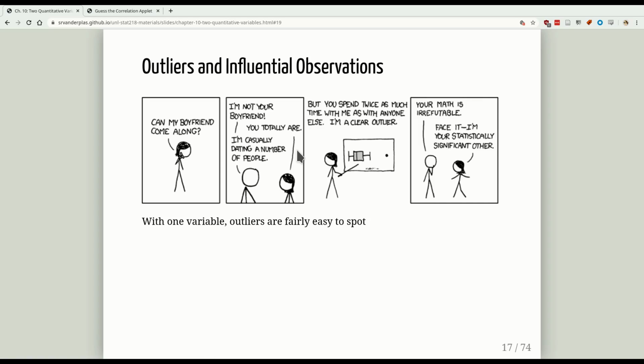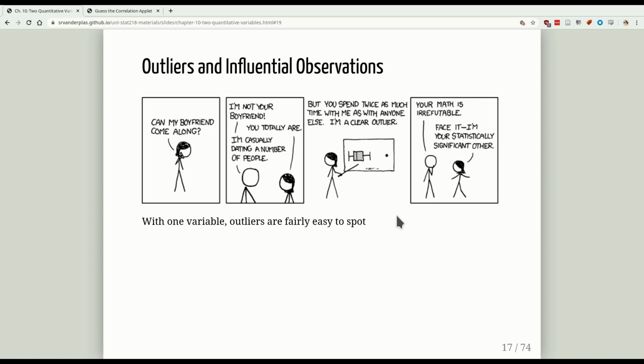Alright, so I mentioned that XKCD frequently weighs in on regression. So with one variable, it's pretty easy to spot the outlier, right? So here, this girl is the statistically significant other because he spends much more time with her than anyone else.